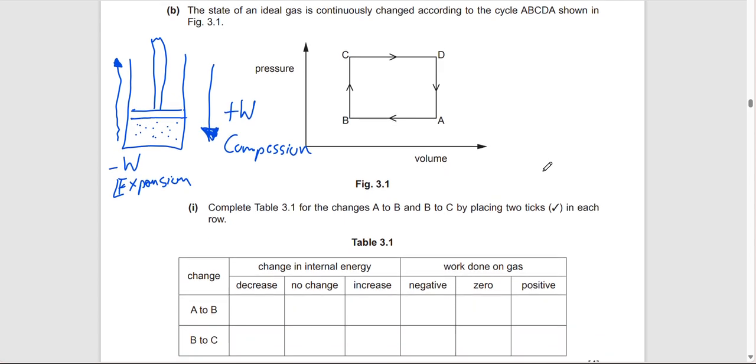So if you look at the diagram now, in the table it's saying change from A to B, B to C. So change in internal energy: is it a decrease, no change or increase? Work done on gas: is it negative, zero, positive? Okay. So now, if you write your equation of the first law of thermodynamics, you have your Q plus your work done.